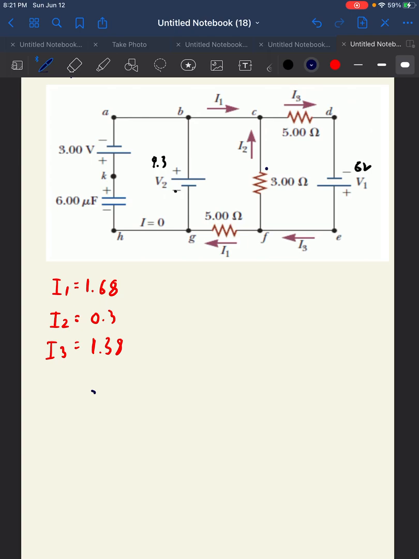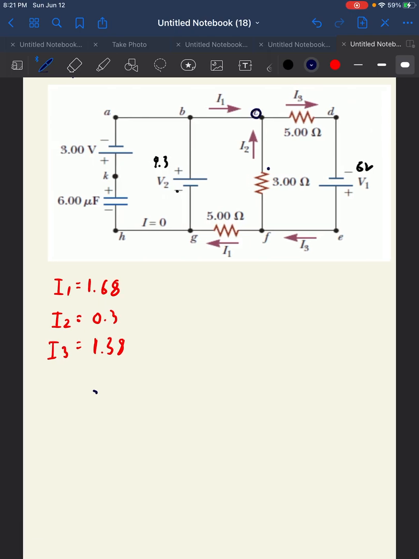So resistor CF, we'll call it, the voltage of resistor CF is equal to 3 ohms times I2, which is 0.3, which is then going to give us, let me see my calculator, 0.9 volts.